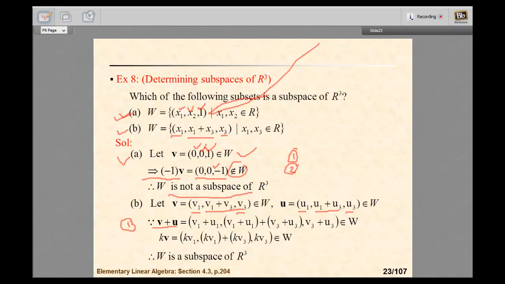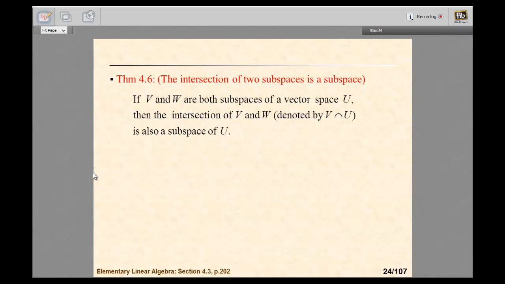Property number 1, addition, v plus u: if we add, we get the first, second and third components, so again this belongs to the vector space. Similarly, let us check the second property: if you multiply any constant with that vector, we get kv1, kv2 and kv3, so again this belongs to W. So W is a subspace in R3.